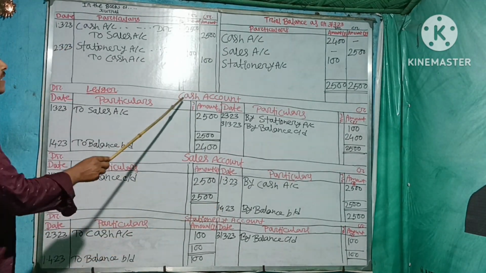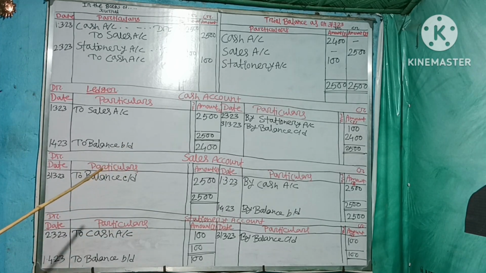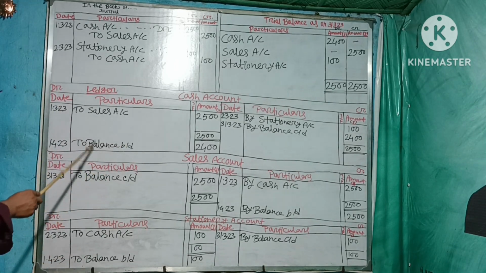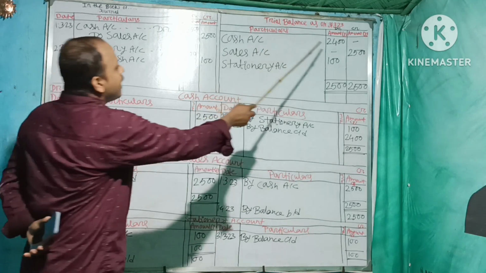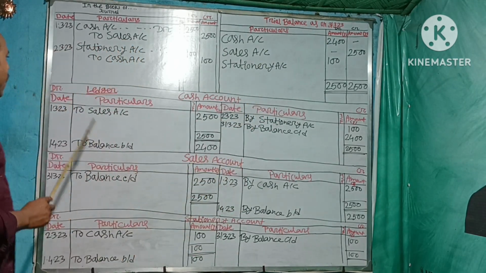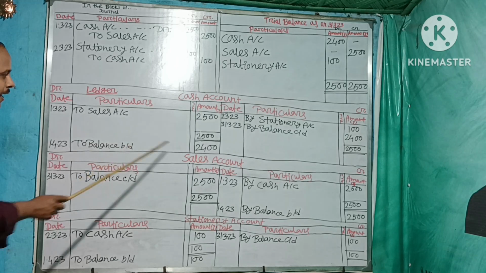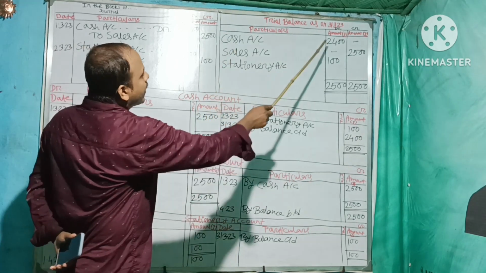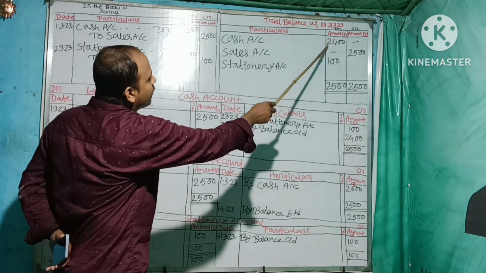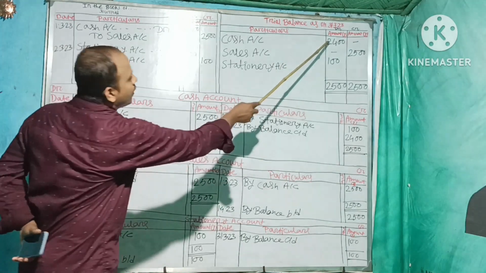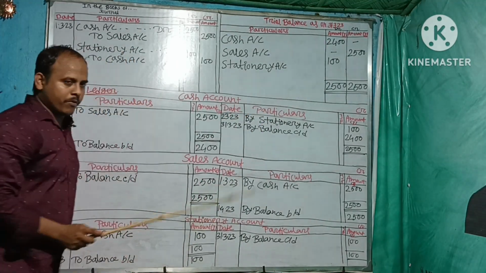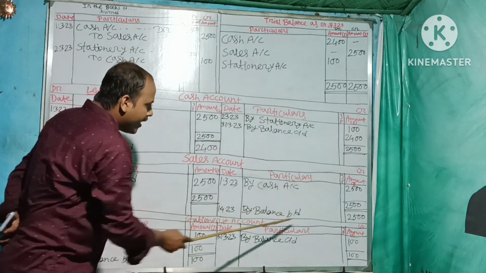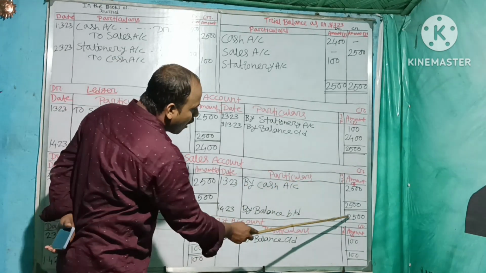First of all, in the case of the cash account, we observe that BD is on the debit side. For that reason we write it in the debit column: cash account debit balance, that is BD 2400. Whatever BD balances we have, we write in the debit column of the amount. Just like that, in the case of the sales account, BD is on the credit side, and the BD amount is 2500.